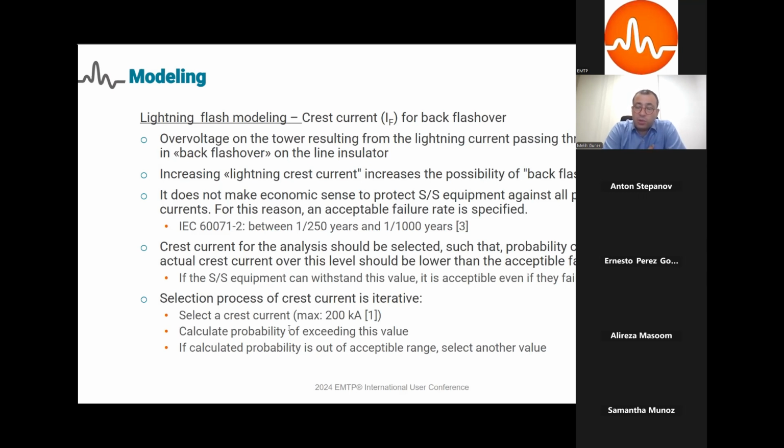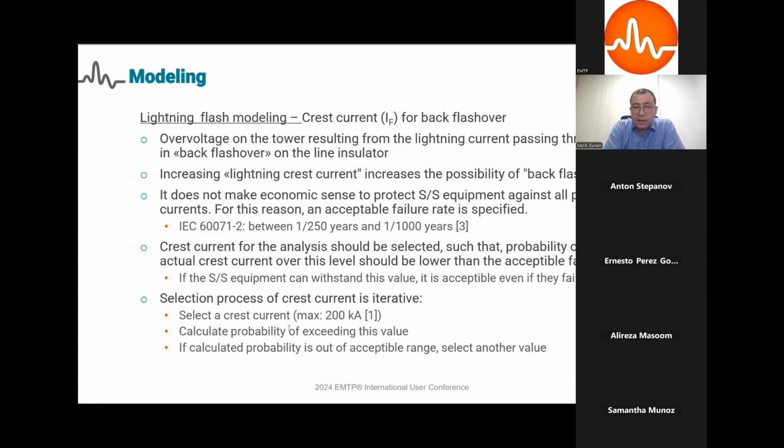And if the potential difference between these two becomes higher than the withstand capability of the insulator, then back flashover happens. The possibility of this back flashover is not maybe directly related, but let's say increasing lightning crest current increases the possibility of back flashover.